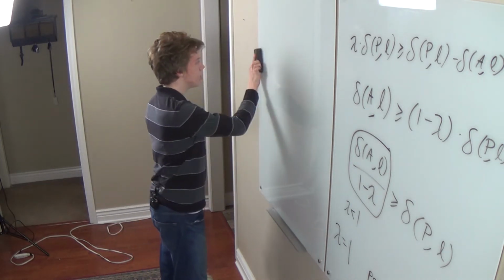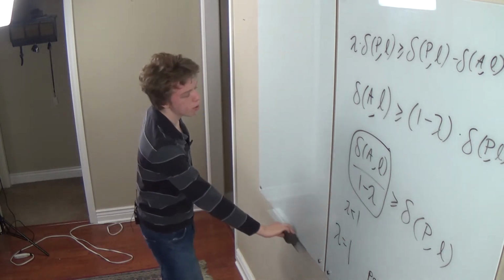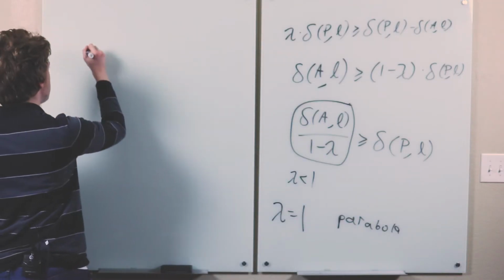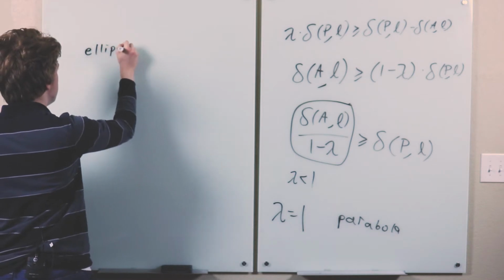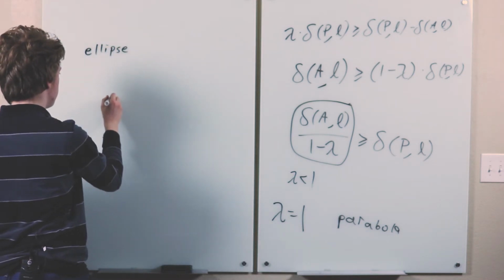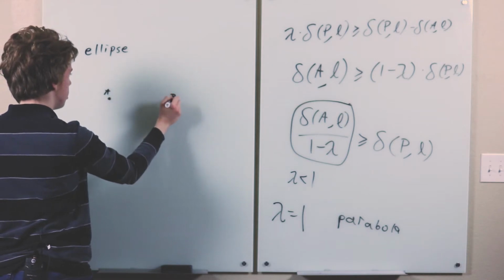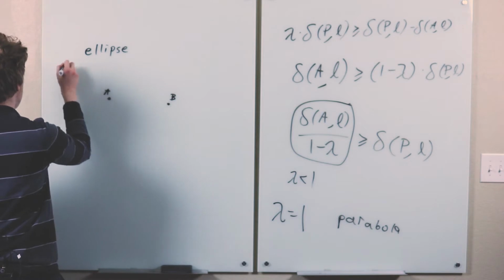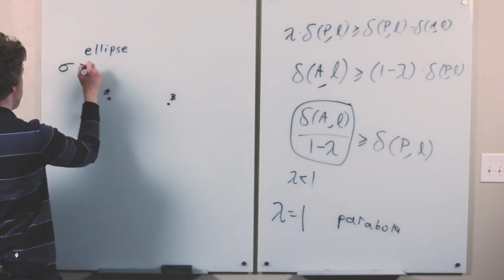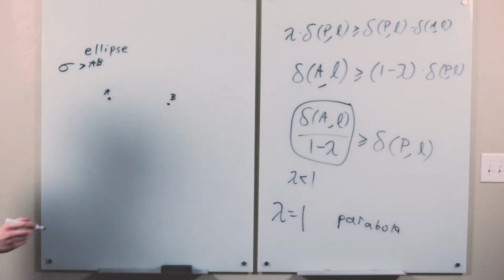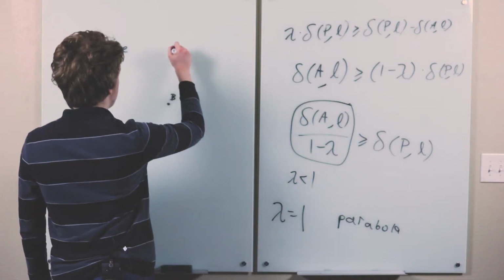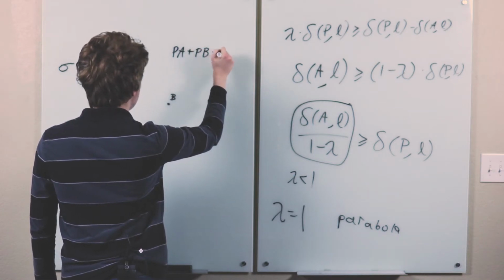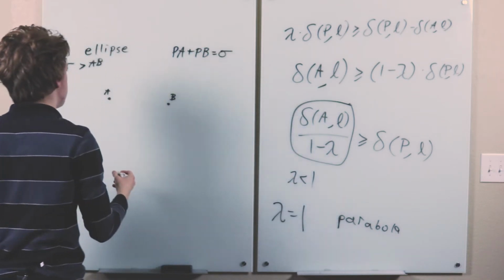there's something else. There's yet another characterization of some of the conic sections, and I haven't told you about it yet. So there's another way of characterizing an ellipse, which is that if you take 2 points, A and B, and then if you take some number sigma that is greater than the distance between them, then the locus of all the points P, such that PA plus PB equals sigma, is an ellipse.